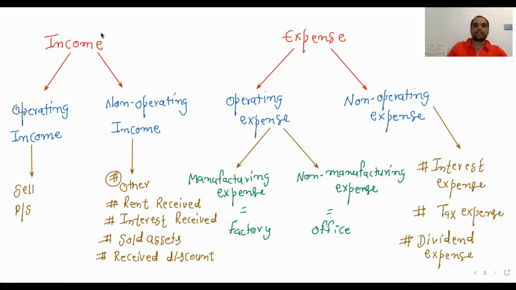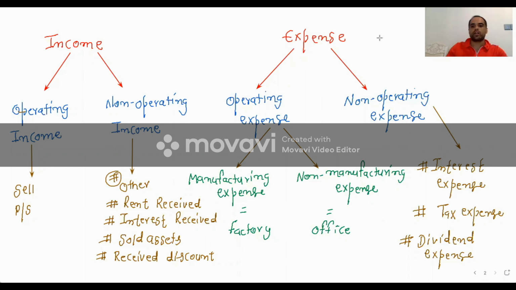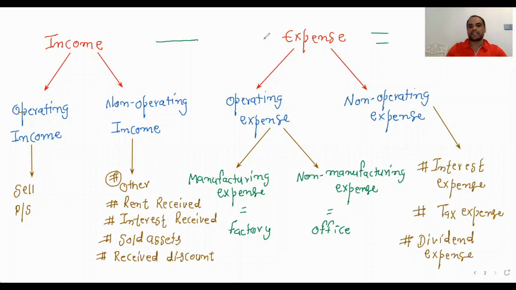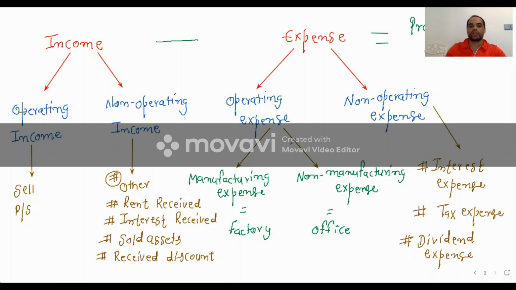So now you already understand the meaning of income, and you already understand the meaning of expense. So income minus expense is profit or loss, right? So obviously, if income is more than expense, you have profit.